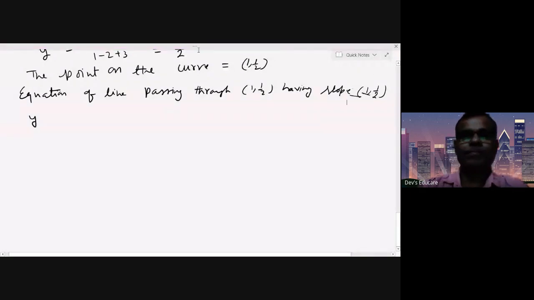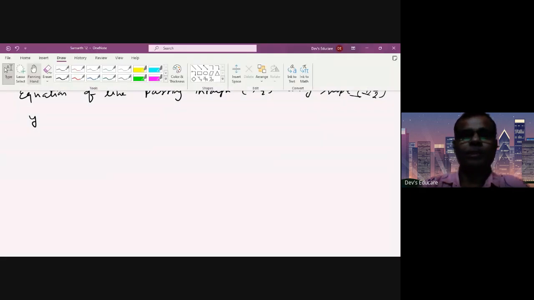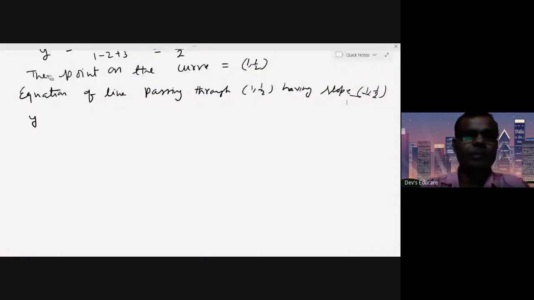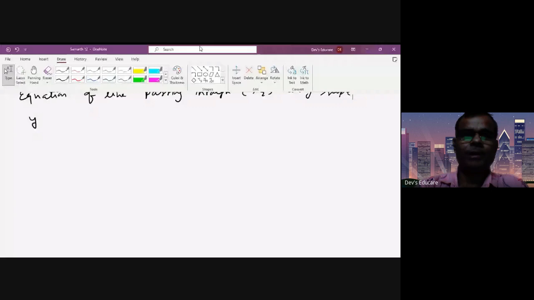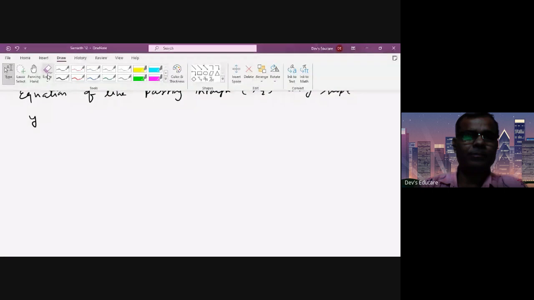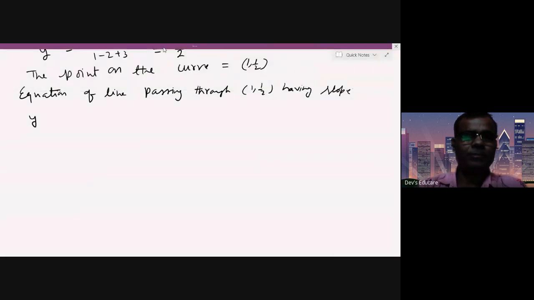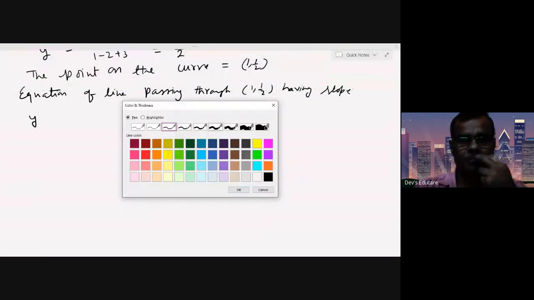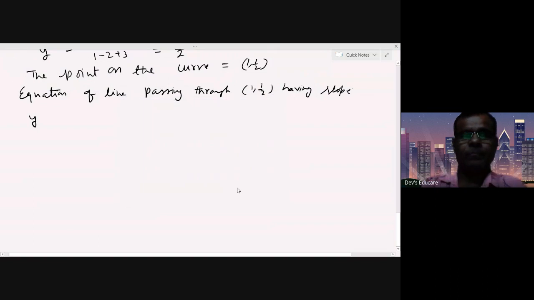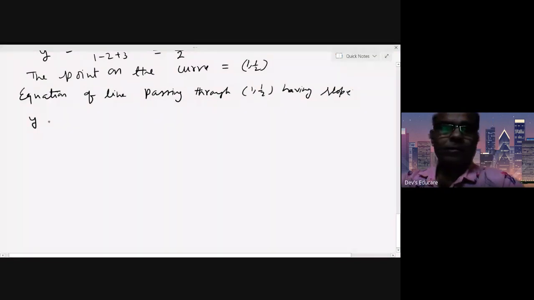Okay, slope is what? 0. Slope is 0. And if the slope is 0, then the equation will be y equals half. So this will be y equals half.